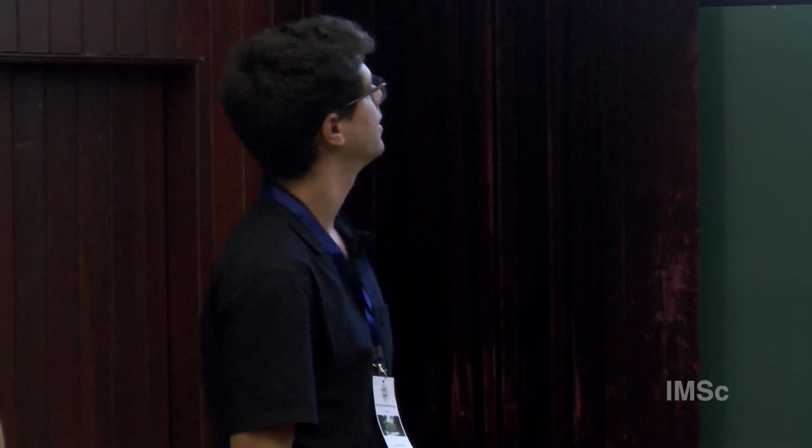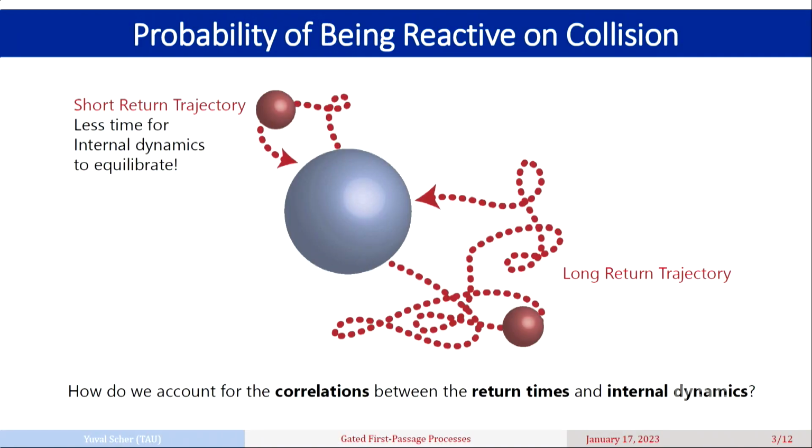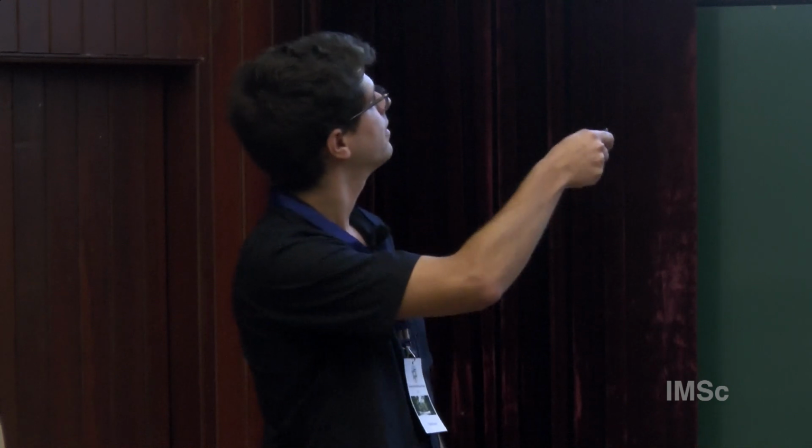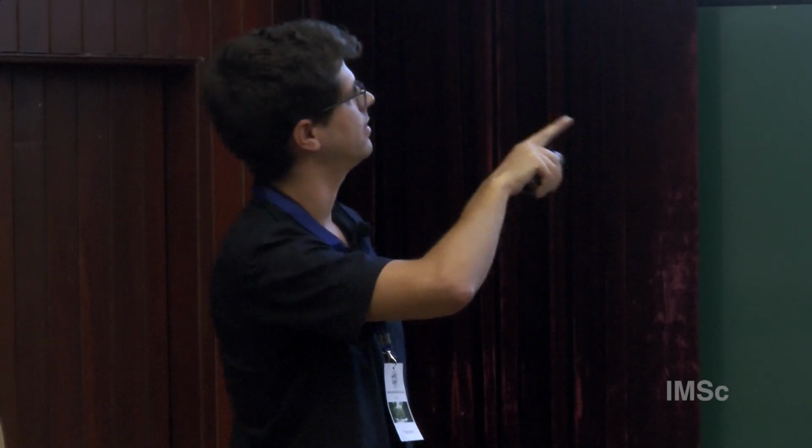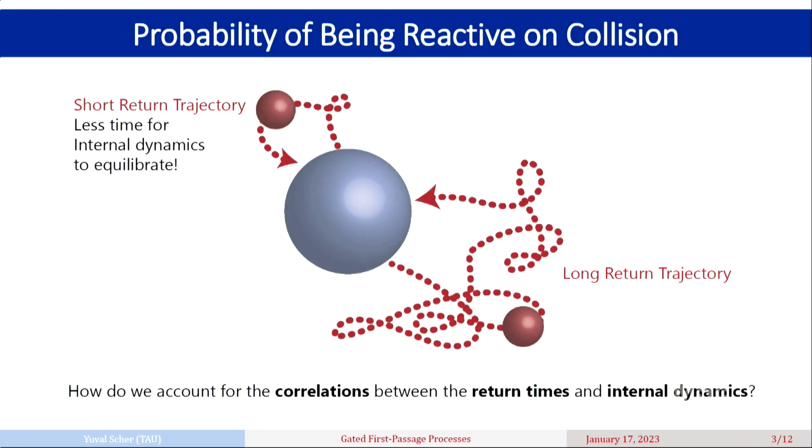And maybe to illustrate that point even further, here is a cartoon. So let's say that the particles collided and did not react. So we know that the system is in the non-reactive state, where the two particles are at distance 0. Now consider two different possible trajectories. One of them is very short, and one of them is a very long trajectory.